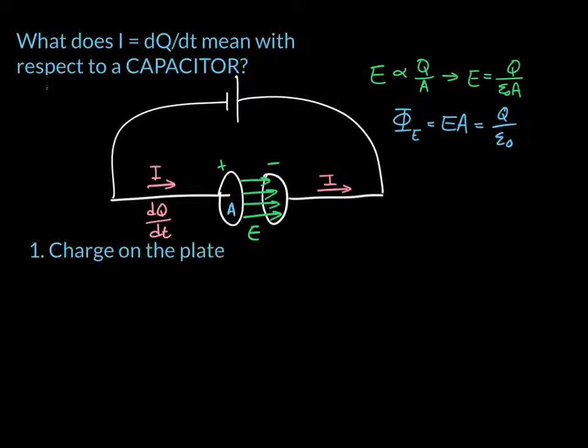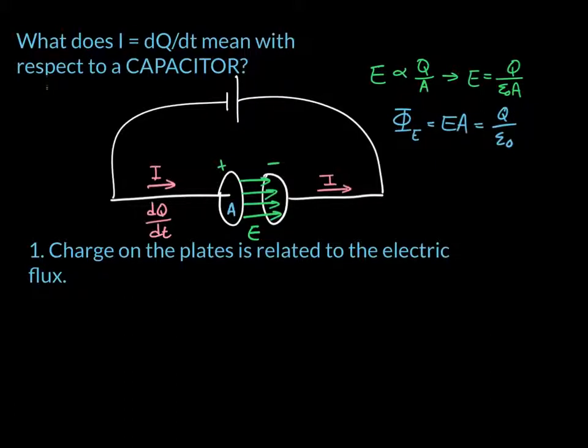charge on the plates is clearly related to the electric flux. Just make sure that that's as obvious as it seems to me. The electric flux and the charge are related to one another because as this transient unfolds, more and more charge piles up on either side of this capacitor.